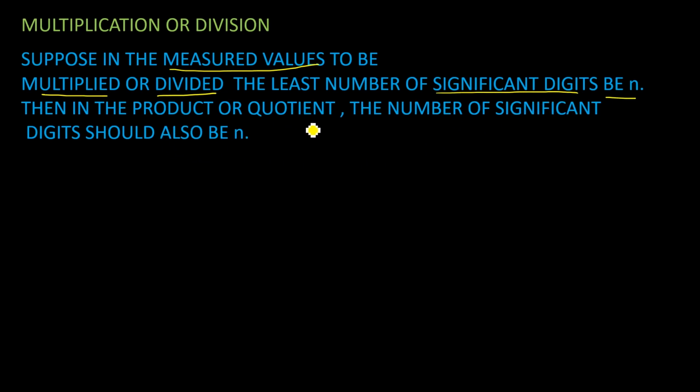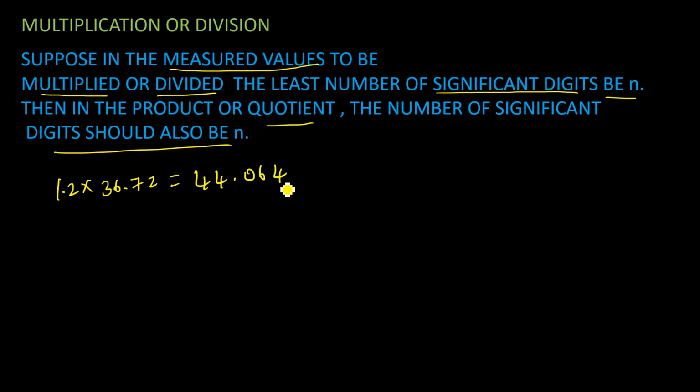Then the product or quotient should also have n significant digits only. For example, 2.12 times 36.72. If you multiply, you will get 44.064, which is almost equal to 44.